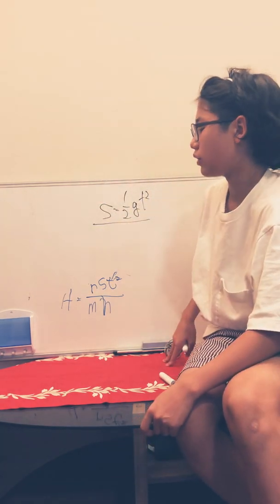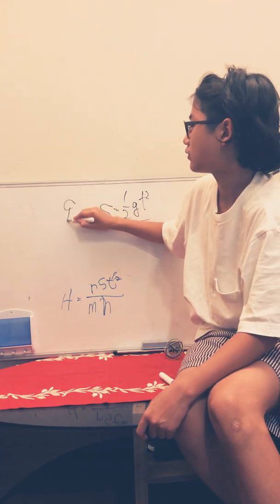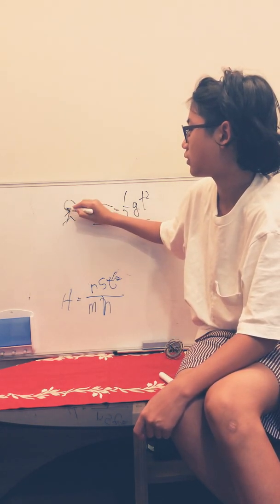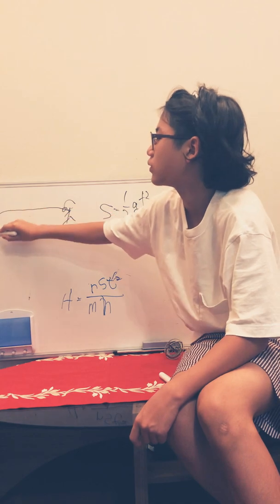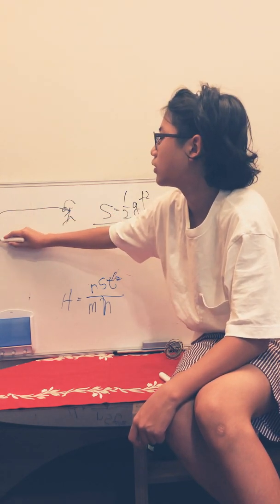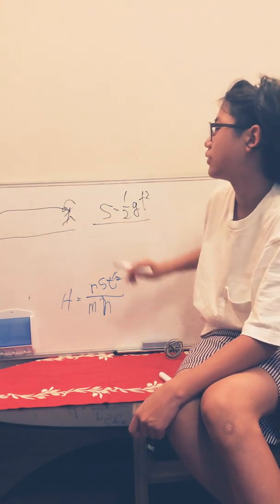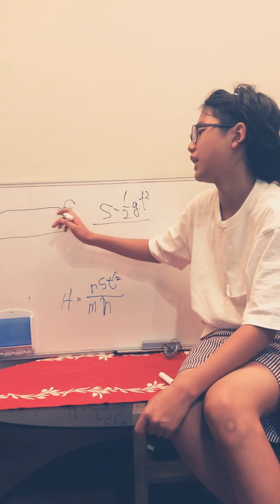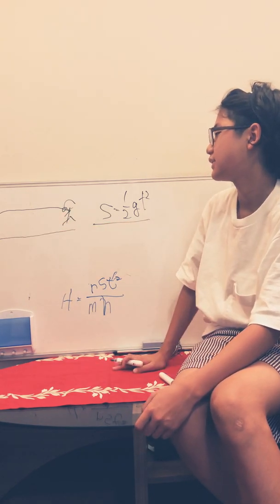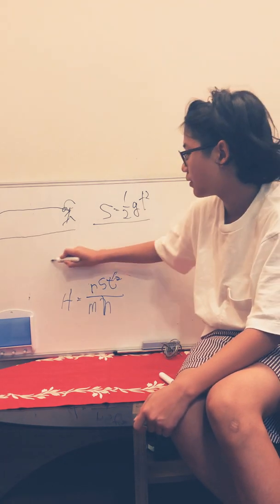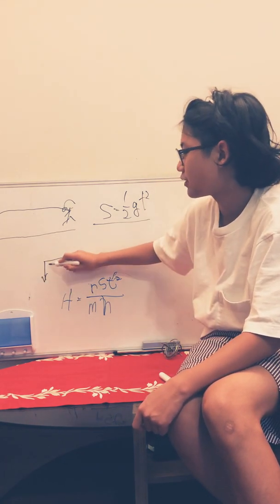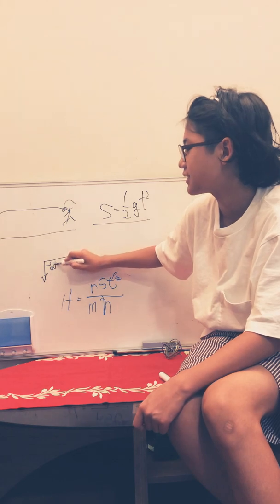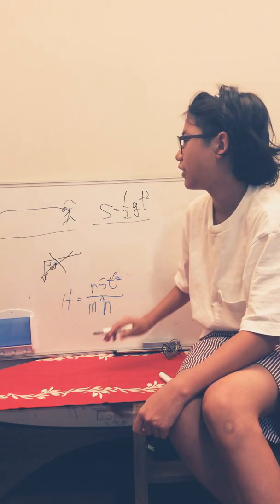Let me throw the ball from here. The ball is dropping like that, right? It doesn't drop literally at 90 degrees, and that's not correct.